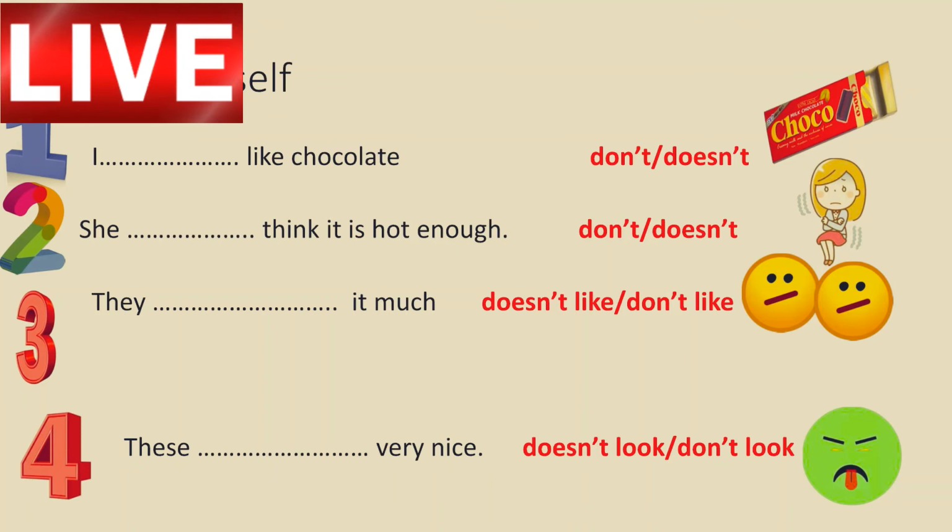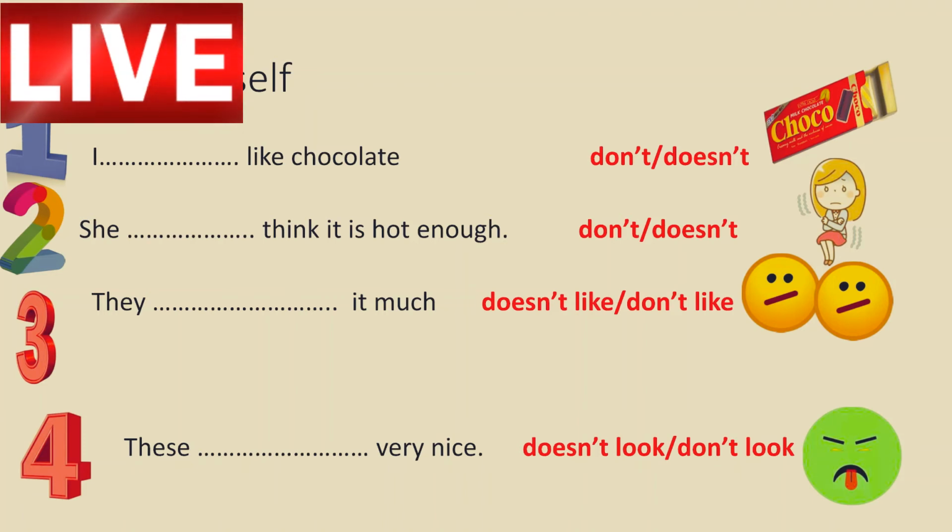Number 3, they doesn't like or don't like it much. Please write either doesn't like or don't like, the words you think are missing from that sentence. And for number 4, these doesn't look or don't look.